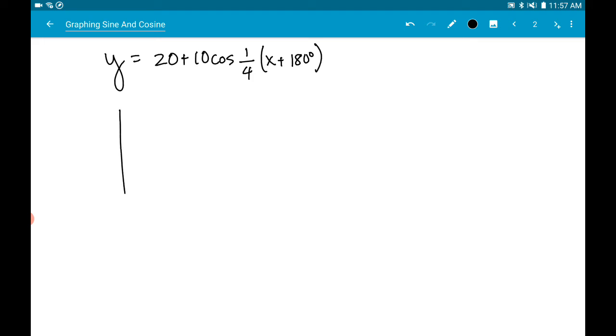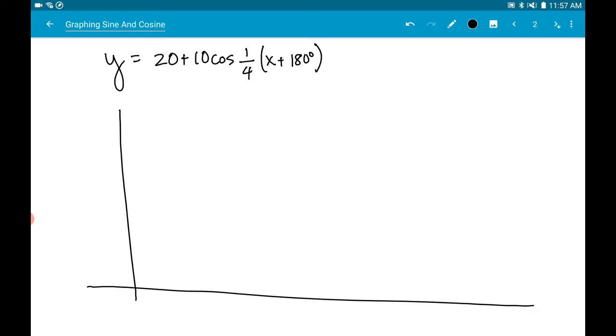It's a little bit different labeling it. This is the vertical shift, so I'm going to put a 20 right here. This is x, this is y. The amplitude is 10, so I'm going to go up 10, down 10. Vertical shift has this midline.